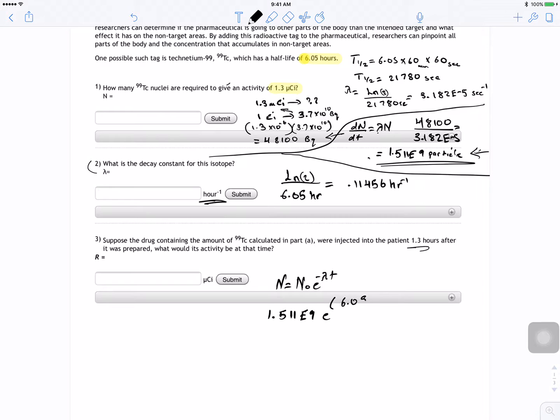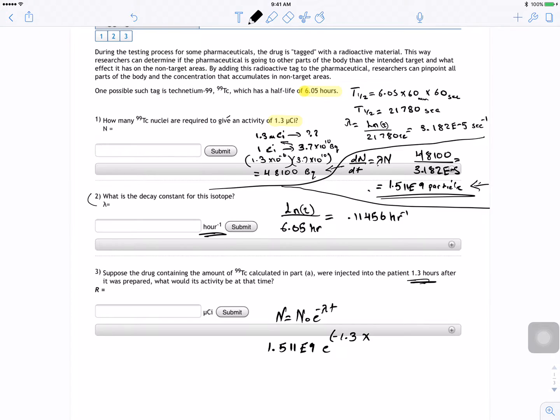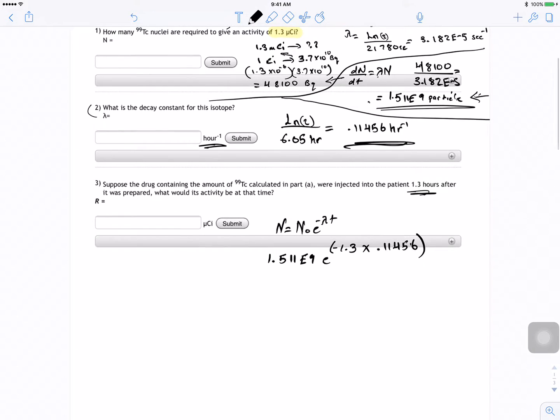So we're using this time in here, so it's 1.3 for the negative times the decay constant in hours, which is this one in here, 0.11456. Okay. So N was equal to 1.301 e to the 9.